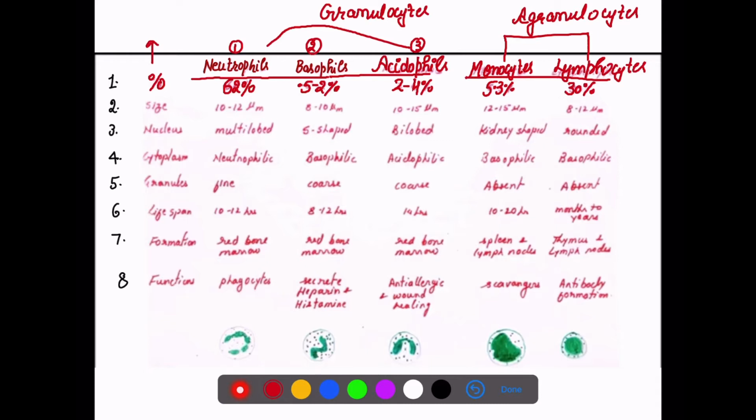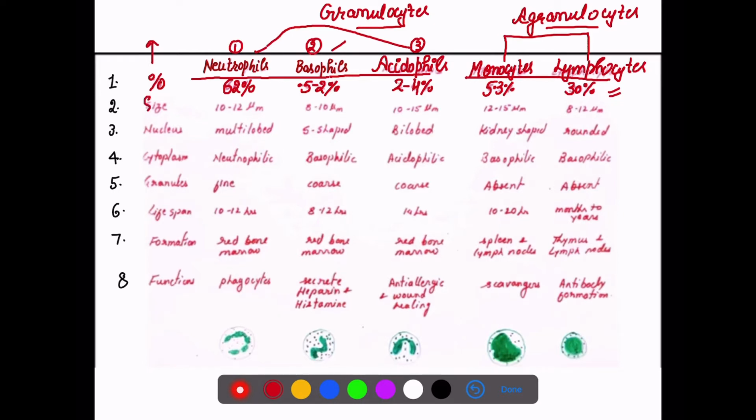That is the percentage of granulocytes and agranulocytes. Granulocytes are of three types. Neutrophils are the maximum in percentage, that is 62%. Basophils are a little less, that is 0.5 to 2%, and then acidophils are 2 to 4%. Monocytes are 5.3%, and lymphocytes are also more, they are 30%.